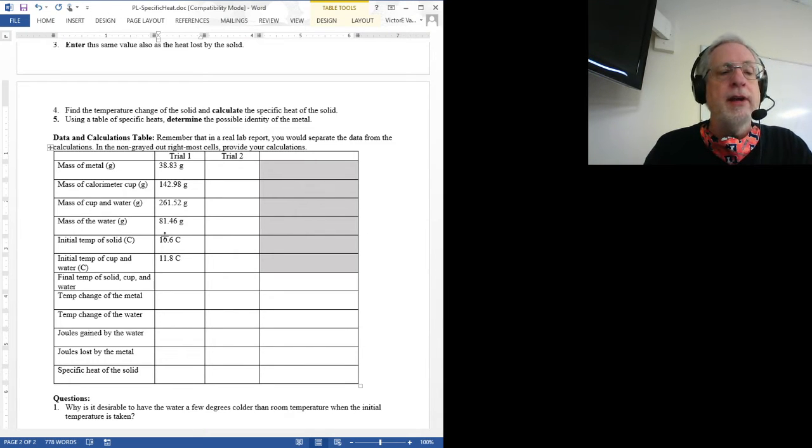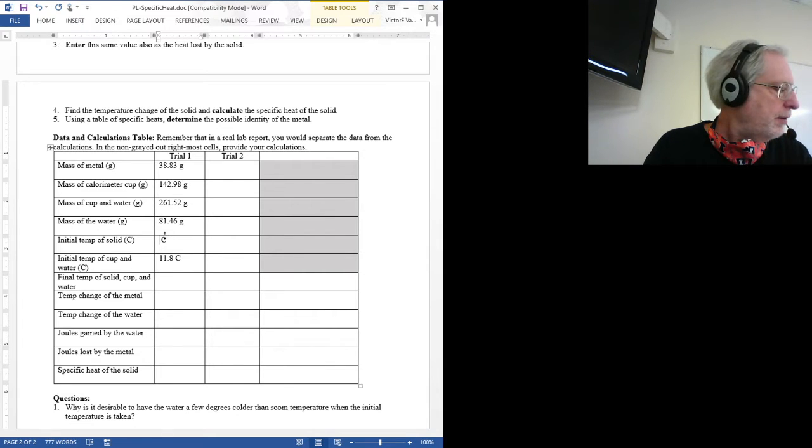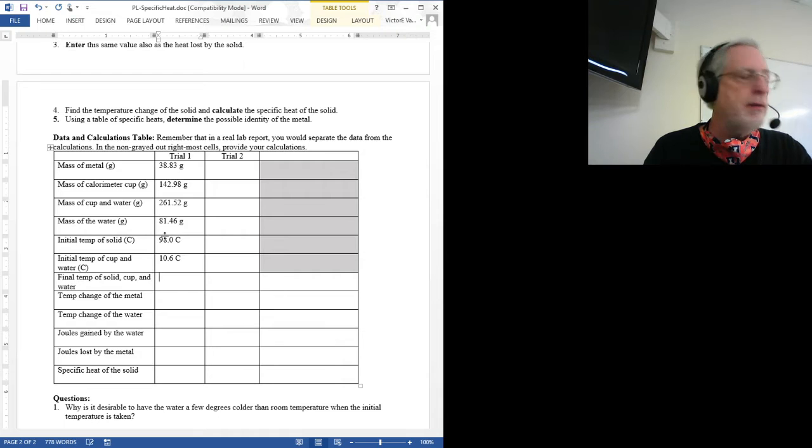Then we have a final temperature of the solid, cup, and water, and the final temperature was, wait, no, I did that wrong. The initial temperature of the solid was 98.0 Celsius, and the initial temperature of the liquid was 10.6 Celsius, and the final temperature was 11.8 Celsius.